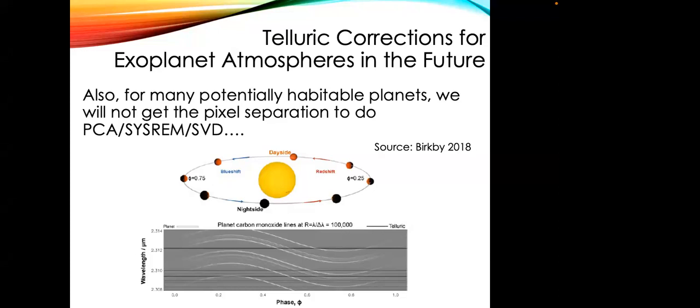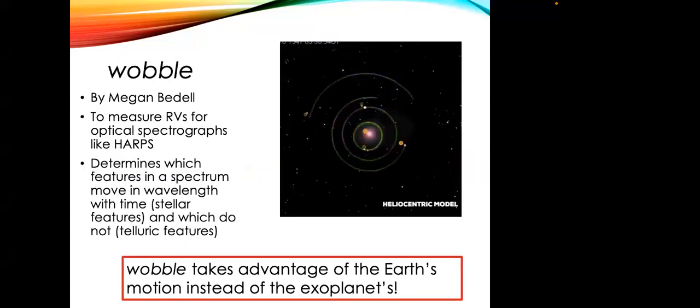So what can we do about that? In recent years, there's been a handful of data-driven approaches to telluric corrections, because the RV community has been really on top of this, for optical spectrographs like HARPS. One of these programs was Wobble by Megan Bedell.